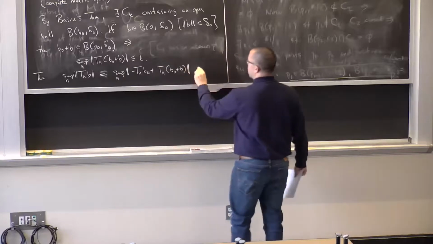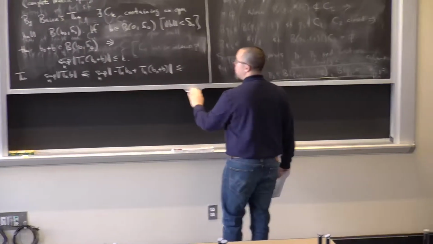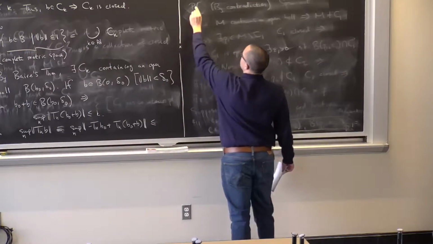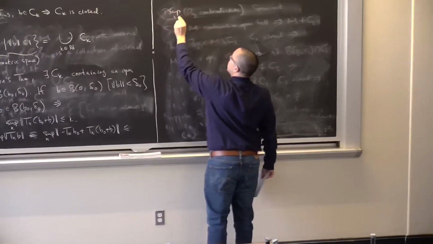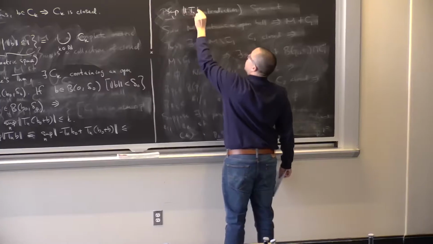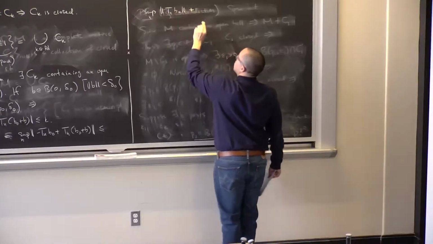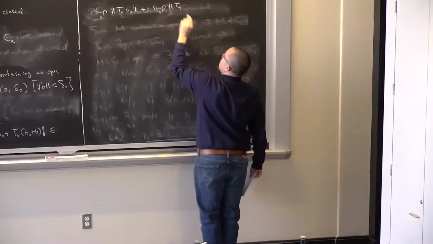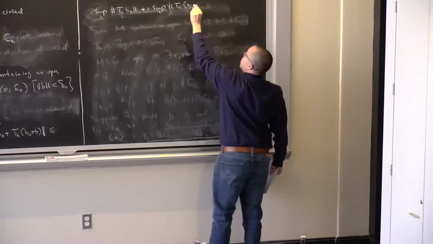This is less than or equal to, by the triangle inequality and carrying the sup through, the sup over n of the norm of T_n b_0 plus the sup over n of the norm of T_n(b_0 + b).